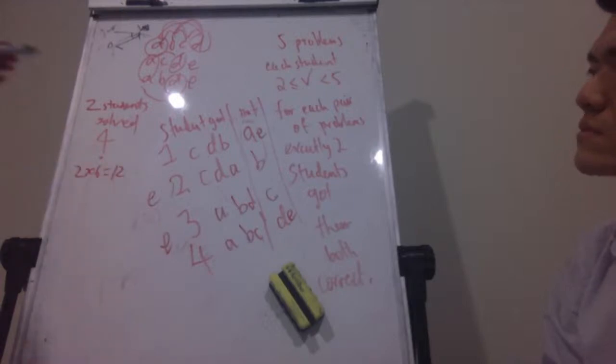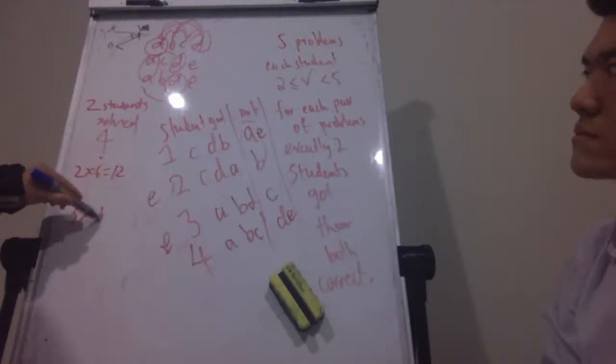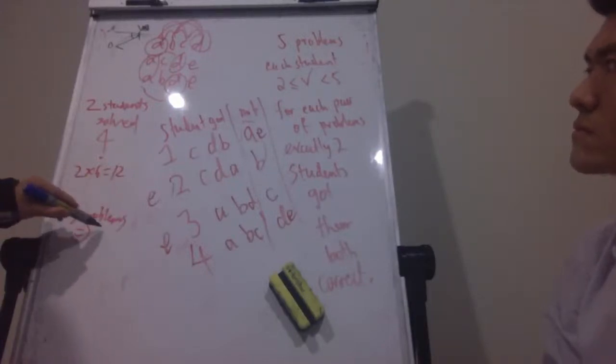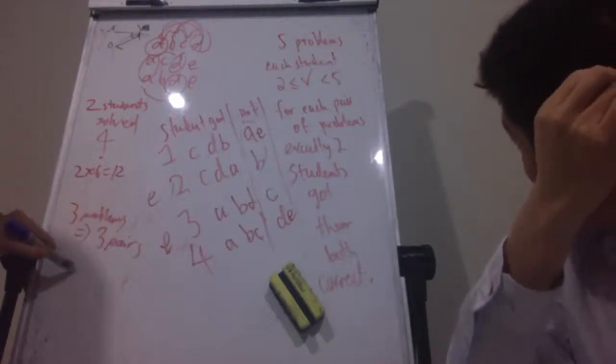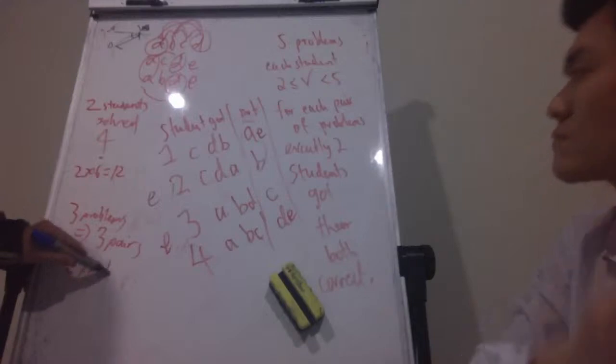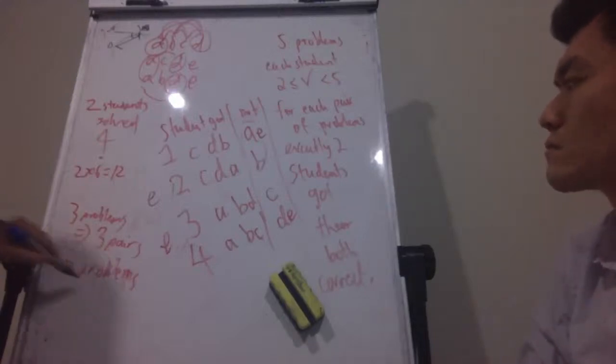So if you solve 3 problems, that's 3 pairs, and 2 problems is 1 pair.